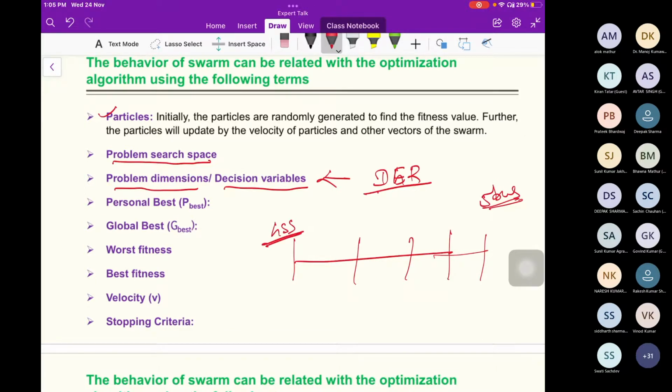So what is the decision variable? It is how many DGs we can install. If we want to install a DG at every node, maybe 4, maybe 3, maybe 2, maybe 1. So first of all, the number. This is one decision variable.